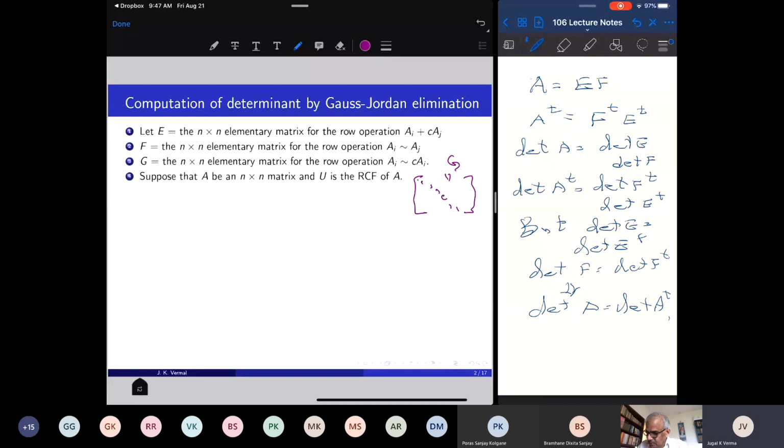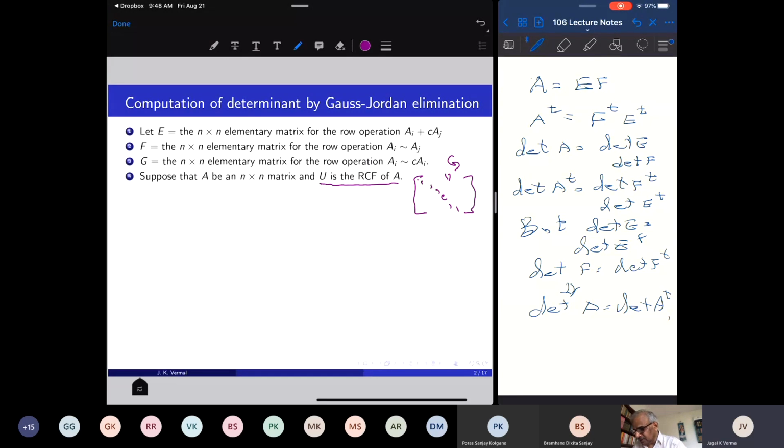Now, suppose A is an n by n matrix and U is the row canonical form of A. The row canonical form of A has two possibilities. Either it is the identity matrix, and that happens when A is invertible. If A is not invertible, then the last row in the row canonical form must be zero. There must be a zero row.